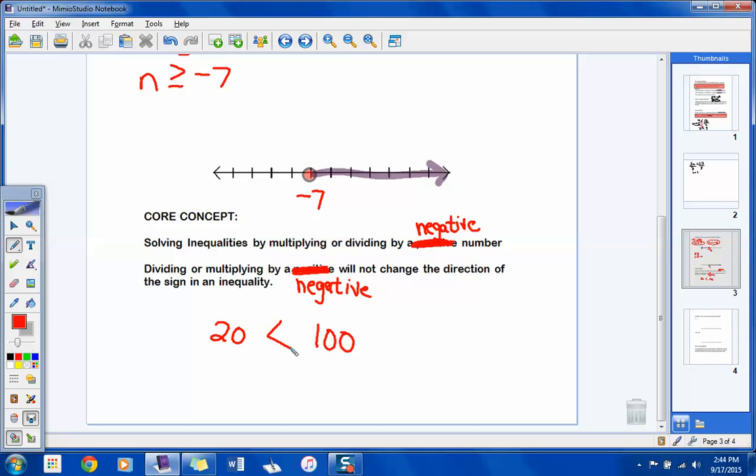All right, now listen to what I'm going to do. This time I might multiply or divide not by a positive, but by a negative. Let's divide both sides, keeping both sides the same by applying the division property of equality, by negative 10. If I do the same thing to each side, you're not changing a thing, are you? It'd still be balanced. Would you agree?